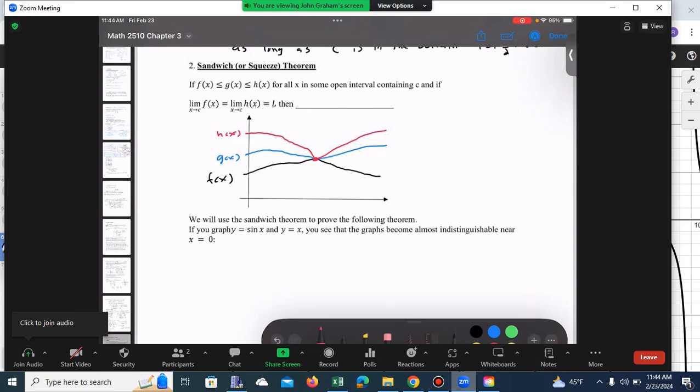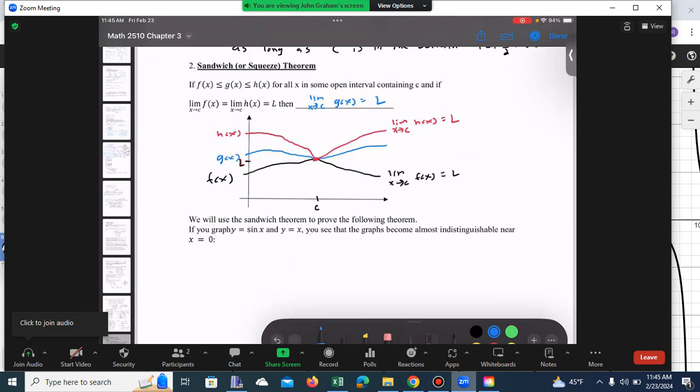And we'll say this point here is c. If the limit as x goes to c of h of x is L, and so that point will be L, and the limit as x goes to c of f of x equals L, so same point, then the limit as x goes to c of g of x must equal L. If it's below L, that will make it below f of x, and that's not true.